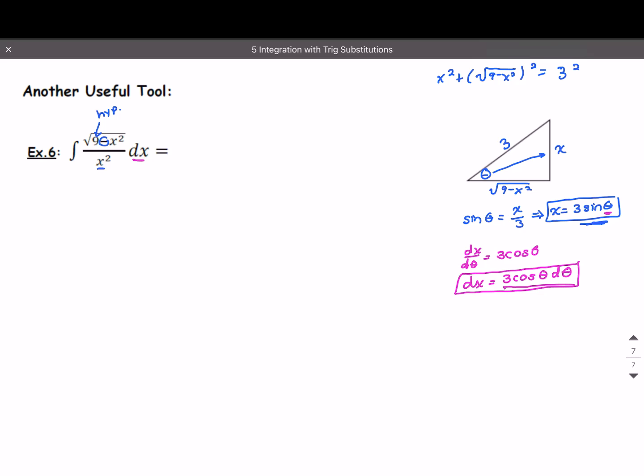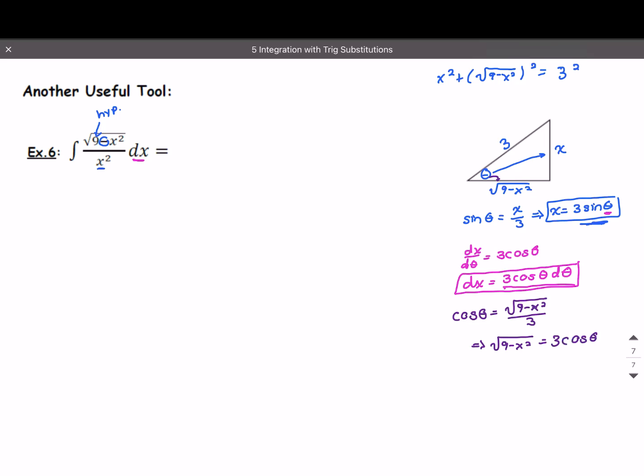Well, if we look at our picture again, the numerator is that square root of 9 minus x squared. It's adjacent to theta. So if I use the fact that cosine theta is the adjacent side over the hypotenuse, then I know that the square root of 9 minus x squared equals 3 cosine theta.